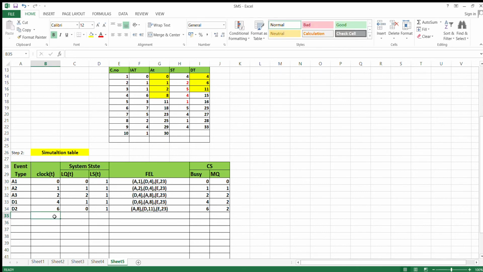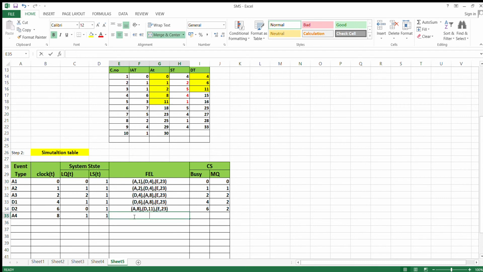I'll advance the clock to 8. Event type is arrival of the fourth customer. So A4 will be under queue, A5 will be under service, A3 will be under service. So remove departure means add, removed arrival means add arrival 8.